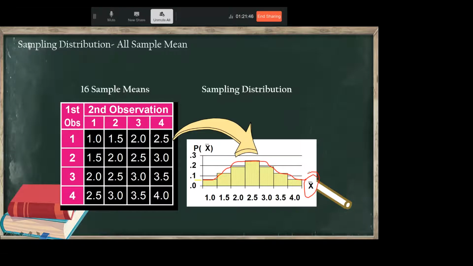Now, if we compare the population and the sample, what do we get?